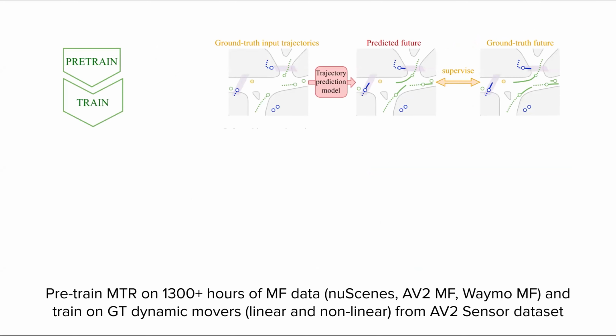So first, they pre-train MTR on 1,300 hours of motion forecasting dataset. So using a framework called UniTraj, they combine the nuScenes dataset, AV2 motion forecasting dataset, and the Waymo motion forecasting dataset, and they use this to pre-train MTR. And they train the model on the roughly 30% of dynamic movers within the AV2 sensor dataset.